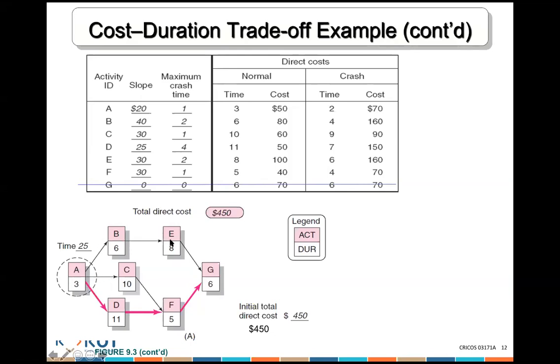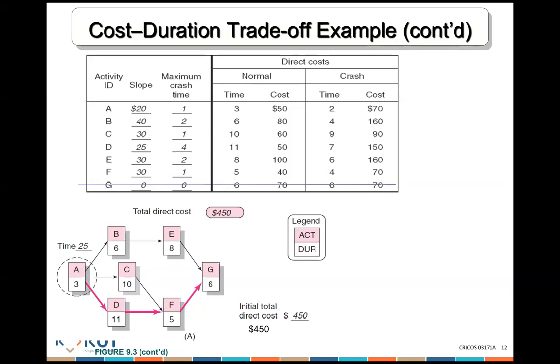Can you count the duration, 3 plus 6 plus 8 plus 6, for this path, the duration for this path, and the duration for this path, and tell me which one is a critical path? So which one is a critical path? Can you tell me?